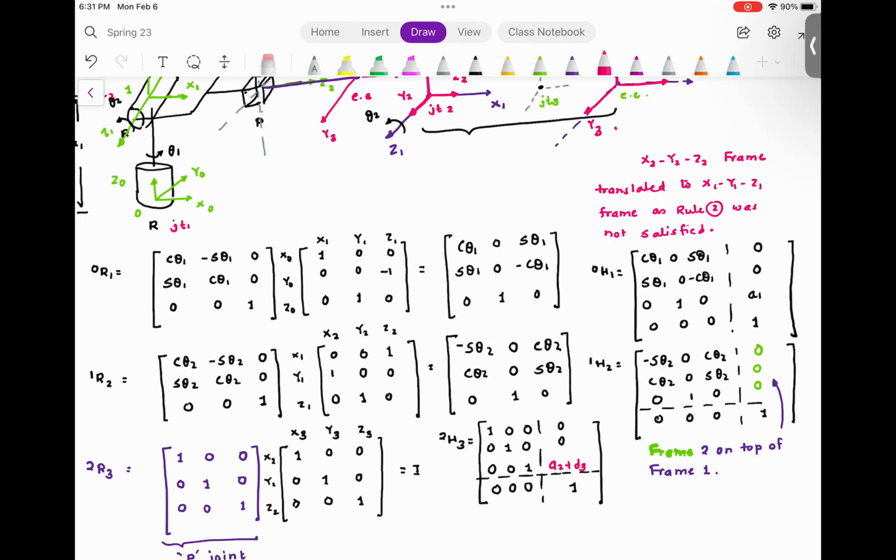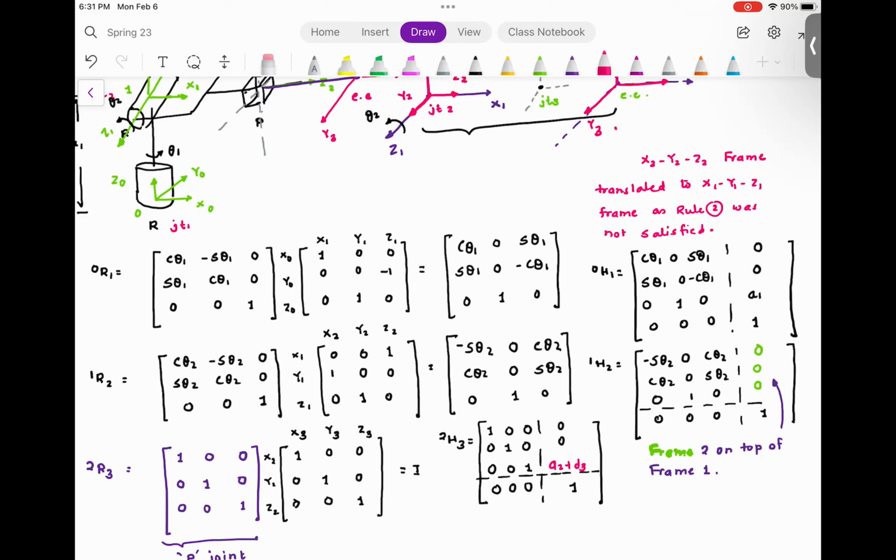This is not cosine theta 2 or sine theta 2, because we have to find the distance along Z2. We took care of the rotation already. The rotation is taken care of in the rotation matrix. So the frame is rotated. What we want now is the distance between the rotated frame 2 and frame 3.